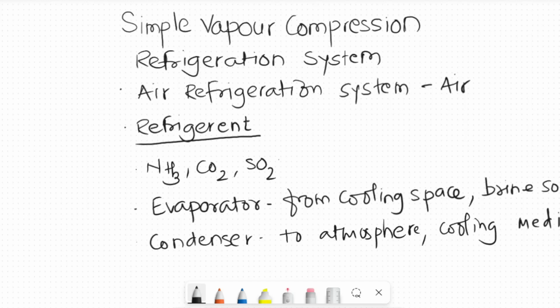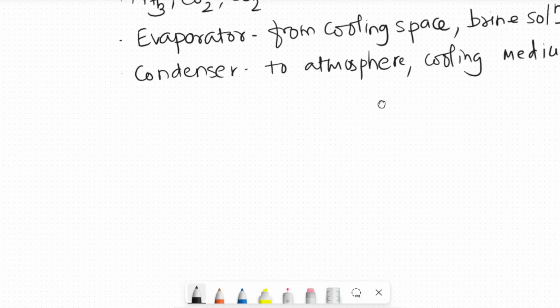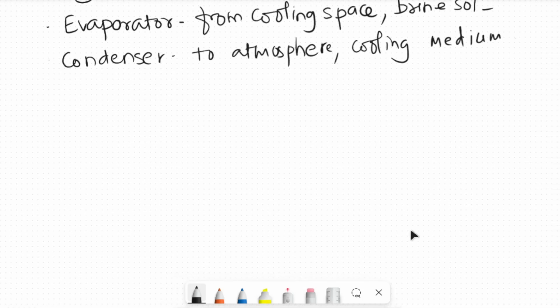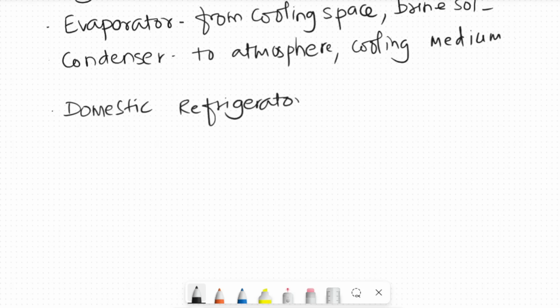Now, in today's world, this vapor compression refrigeration system we find in many of the applications which range from the simple domestic refrigerator to the big big air conditioning systems.